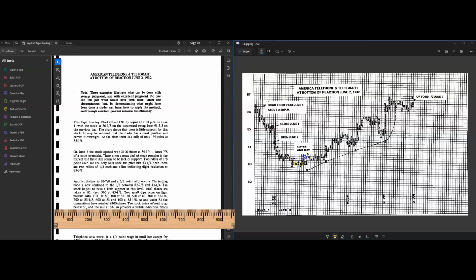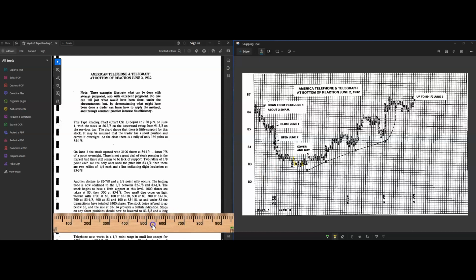It tried twice, it did not go down. Second indication, the buildup of the most amount of volume across price at 83. Third indication, trading higher, above the POC or above this heavy volume traded at 83. Those three together are painting a bullish picture.